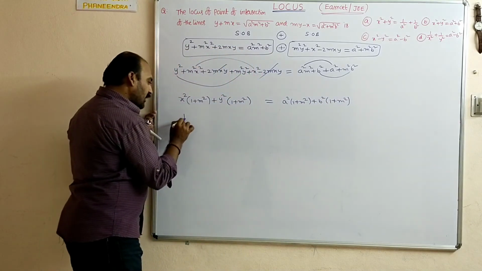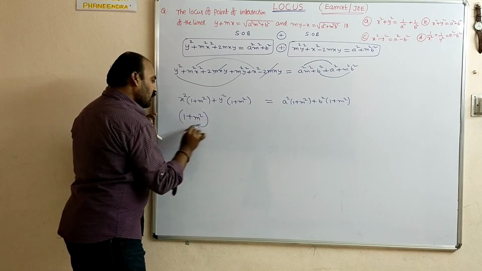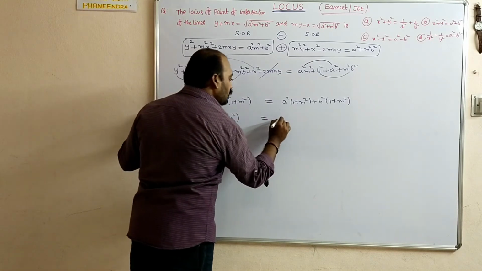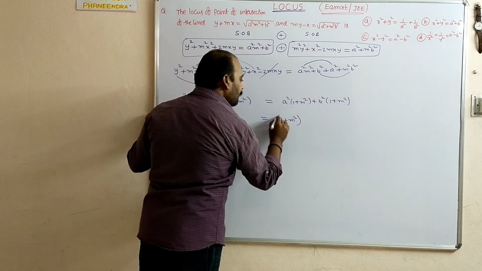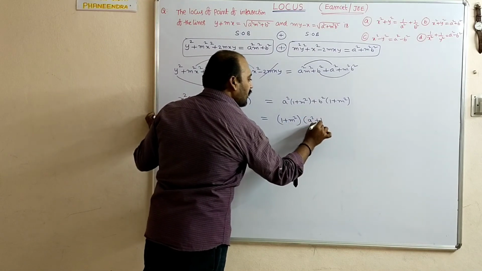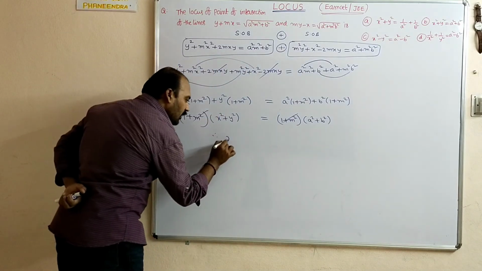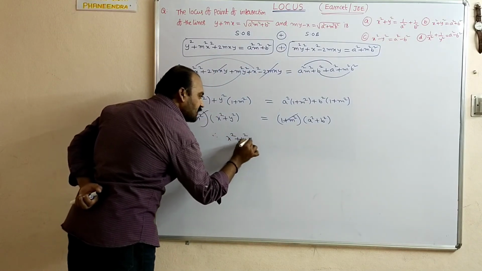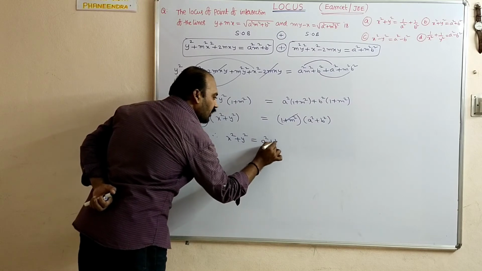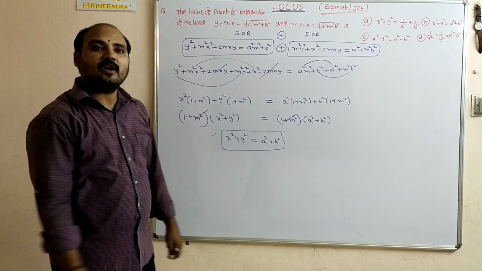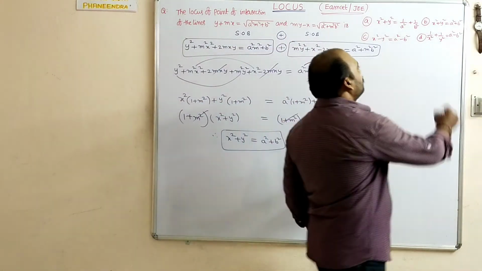So take 1 plus m square common. The remaining is x square plus y square is equal to (1 plus m square) take common, (a square plus b square). Therefore, the required locus is x square plus y square equal to a square plus b square, which is the second option.